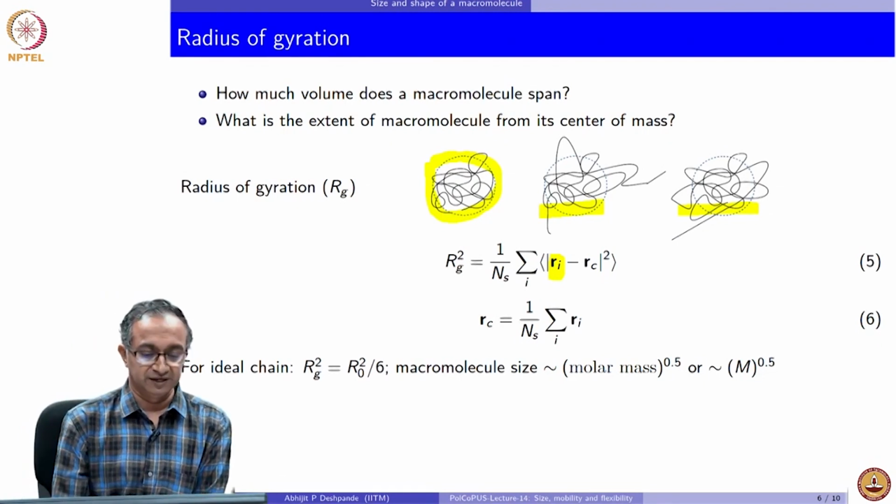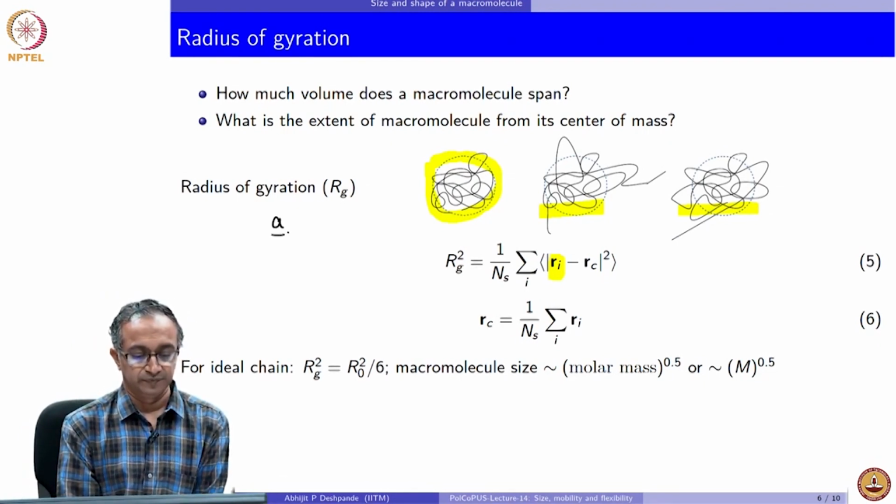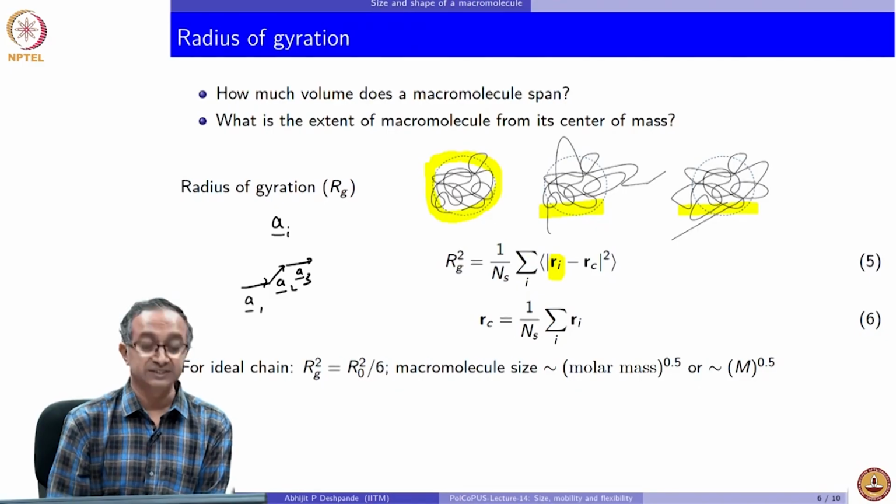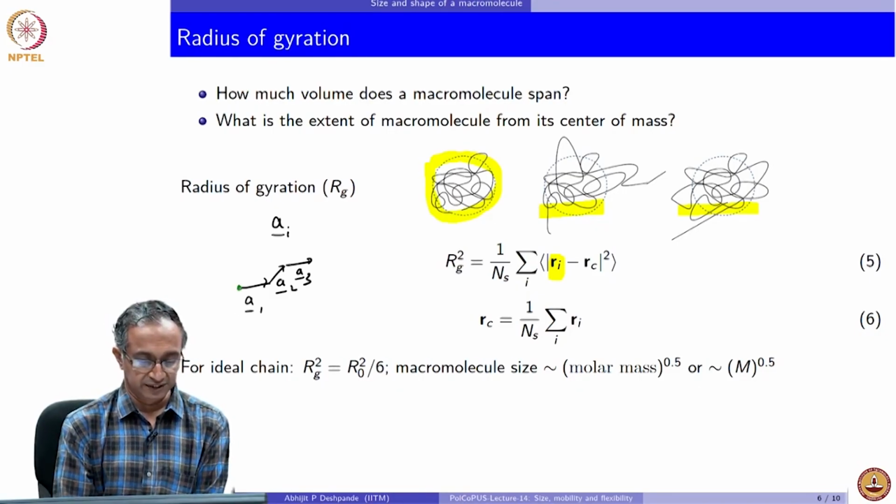So earlier, remember, we had described bonds using Ai. So first bond was A1, second bond was A2, and third bond was A3. Now we can describe each and every position here by a position vector.